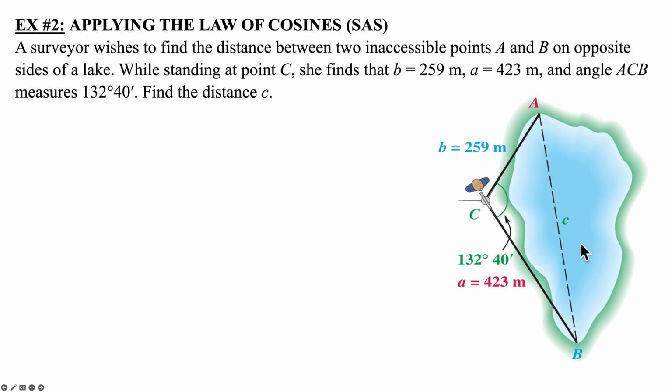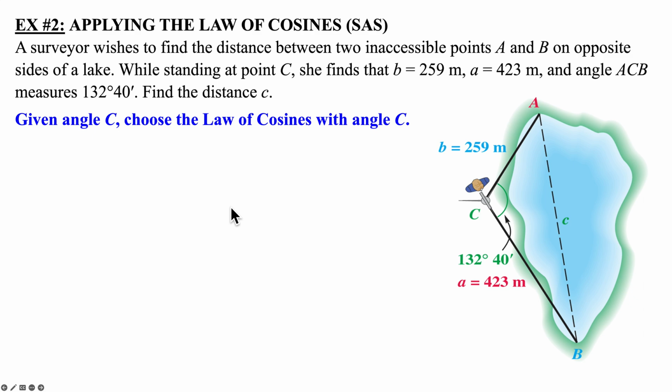So therefore, if we want to find this distance between A and B, you have a side angle side relationship. That is the law of cosines. So here we need c squared equals a squared plus b squared minus 2ab cosine of angle C.